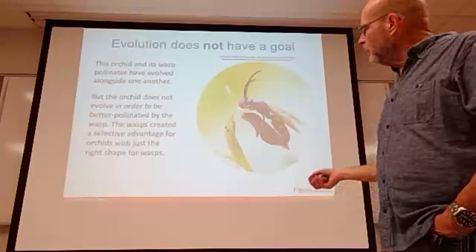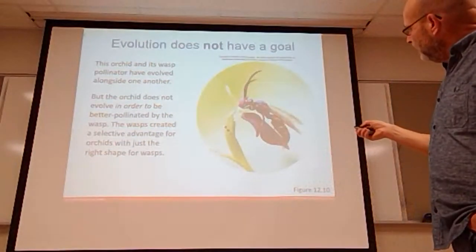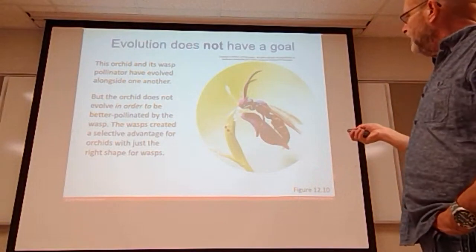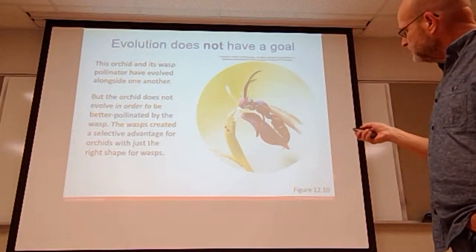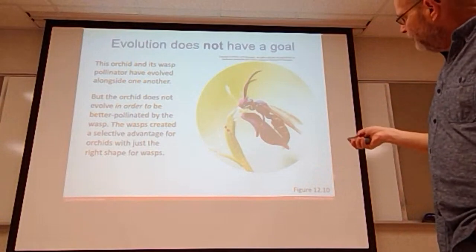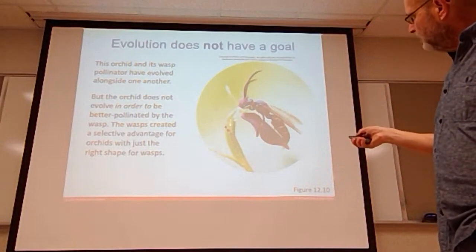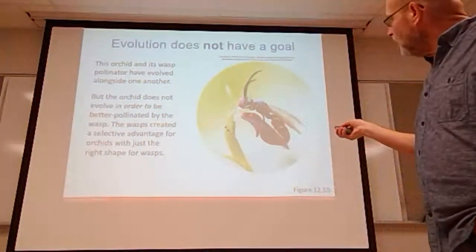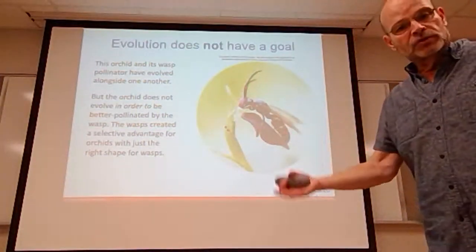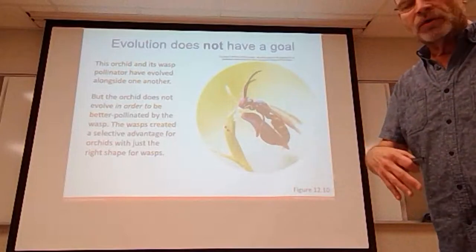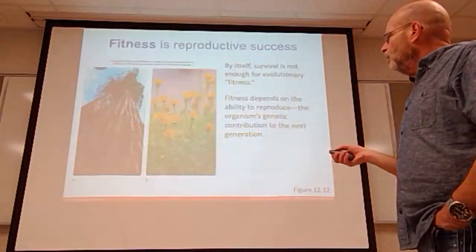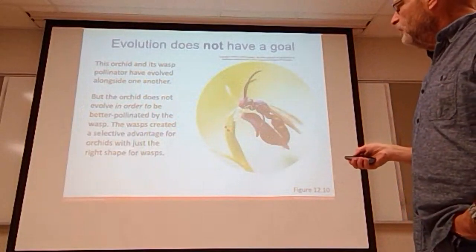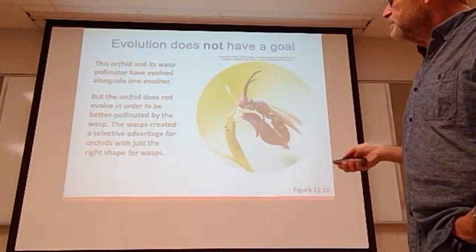Then it goes to another flower, and when it sticks its head in there, it puts the pollen onto these little stigmas right here, and the plant gets pollinated, and the wasp also. And as this plant evolved to make this bud longer and longer and longer, the longer-tongued wasps also were able to survive, while shorter-tongued wasps were not able to survive. The wasp created what is referred to as a selective advantage for orchids with the right shape of wasp.